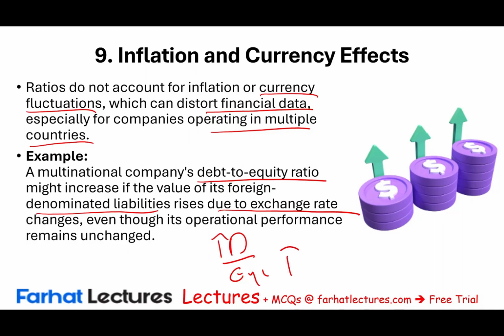Why would the value of the debt go up? Because of the exchange rate for that currency, because you have foreign denominated debt. Your debt went up, and it looks like you are more risk prone because you have higher debt to equity. Well, that's not really true. It has nothing to do with what you're doing as a company. It has to do with inflation and foreign currency in that country.